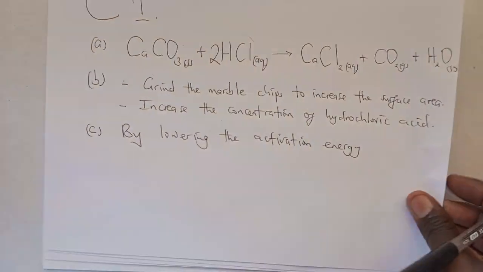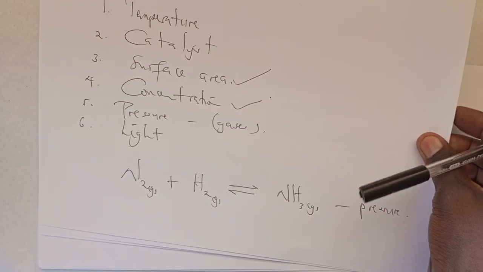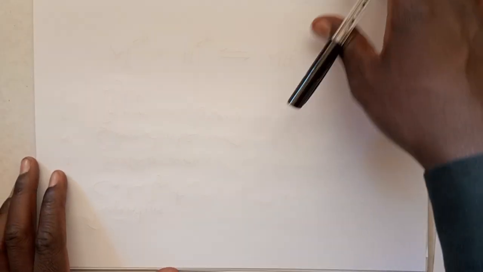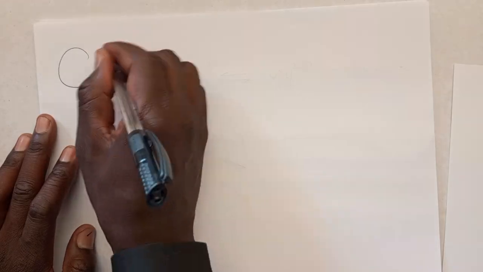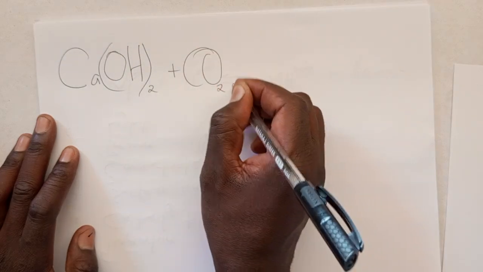All right. So first of all, we need to understand what really takes place whenever a reaction of such nature happens. Whenever you blow carbon dioxide into lime water, which is calcium hydroxide, the equation is like this: calcium hydroxide plus carbon dioxide gas.